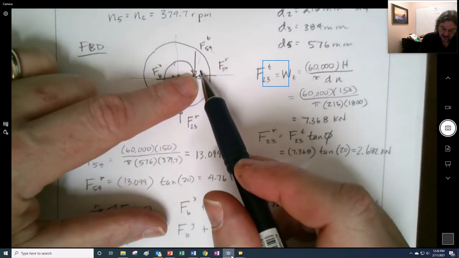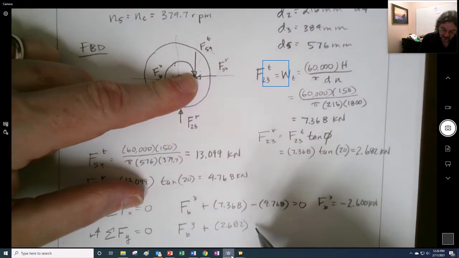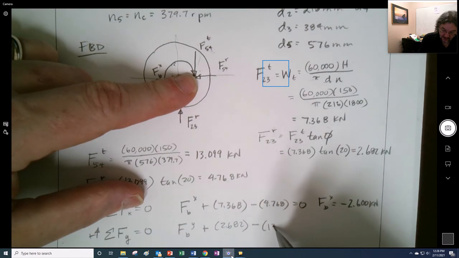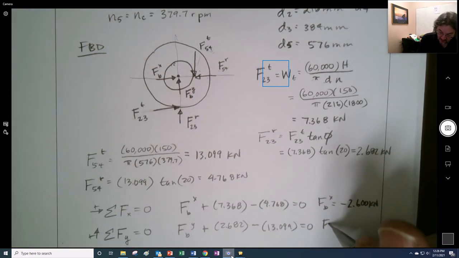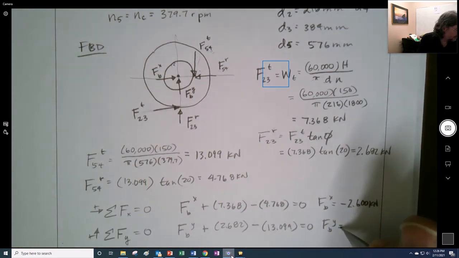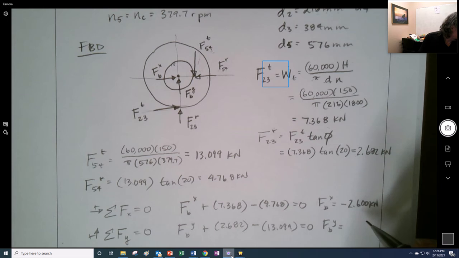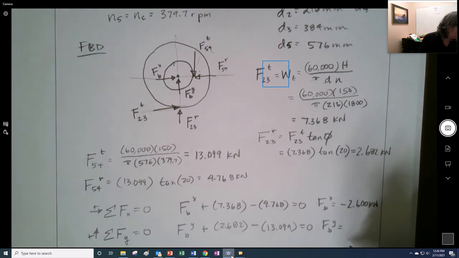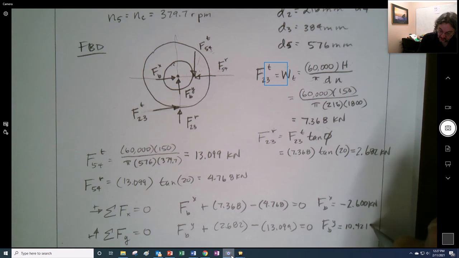And then here's the tangential direction off of this one, so it's going to be a minus 13.099. For some reason I had an extra thing. So FBY is going to be a positive 10.42 kilonewtons.